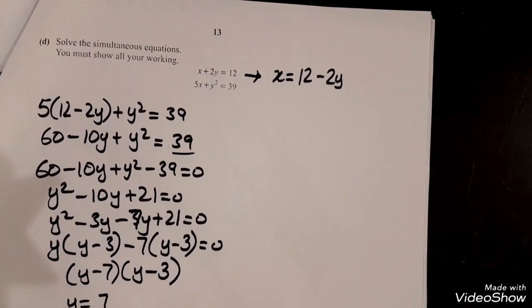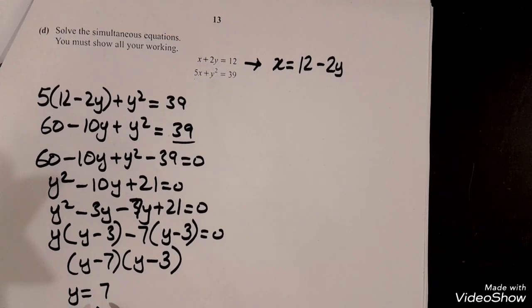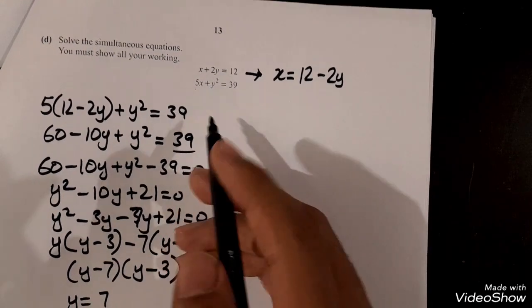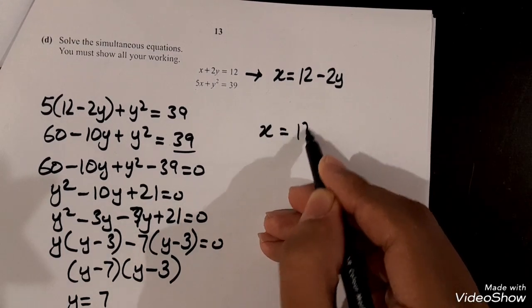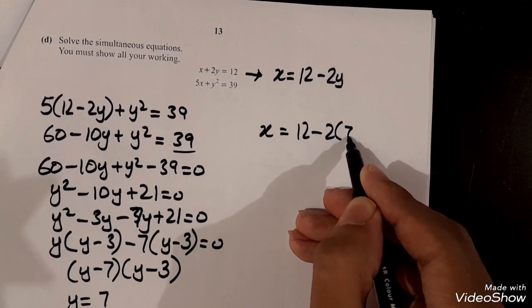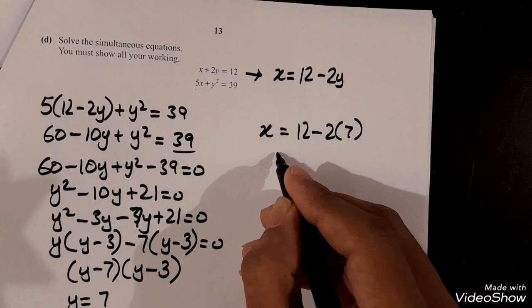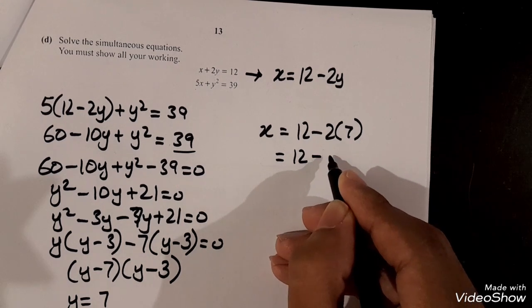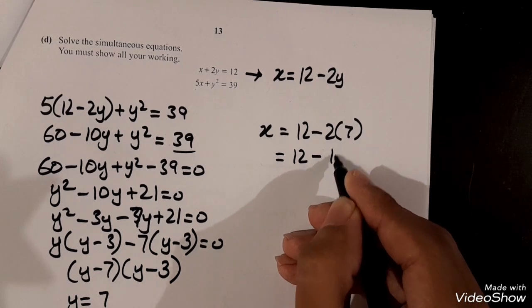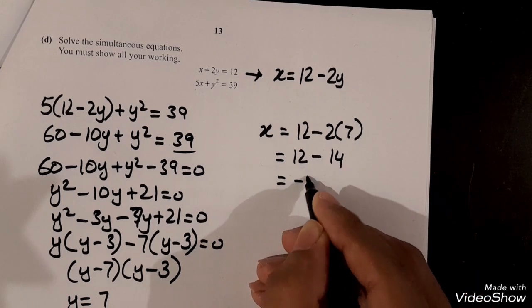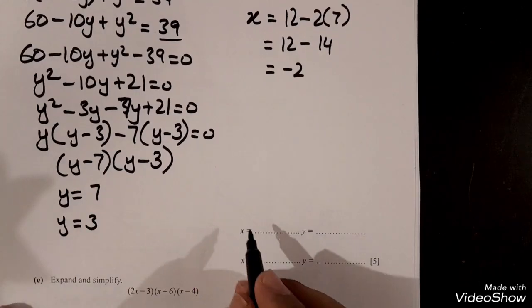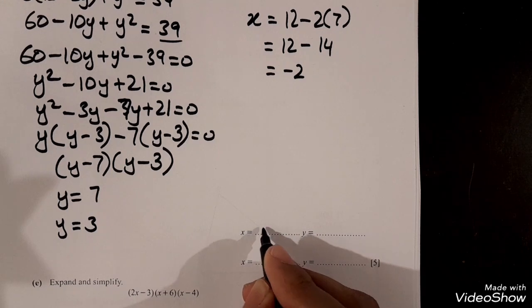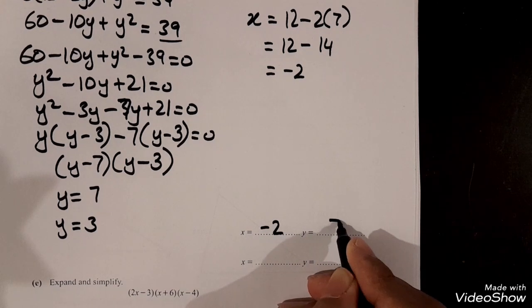Now we will put the first y is equal to 7 into the first equation. So x is equal to 12 minus 2 multiplied by 7, which will be 12 minus 14, which will be minus 2. So in the first solution x will be minus 2 and y will be 7.